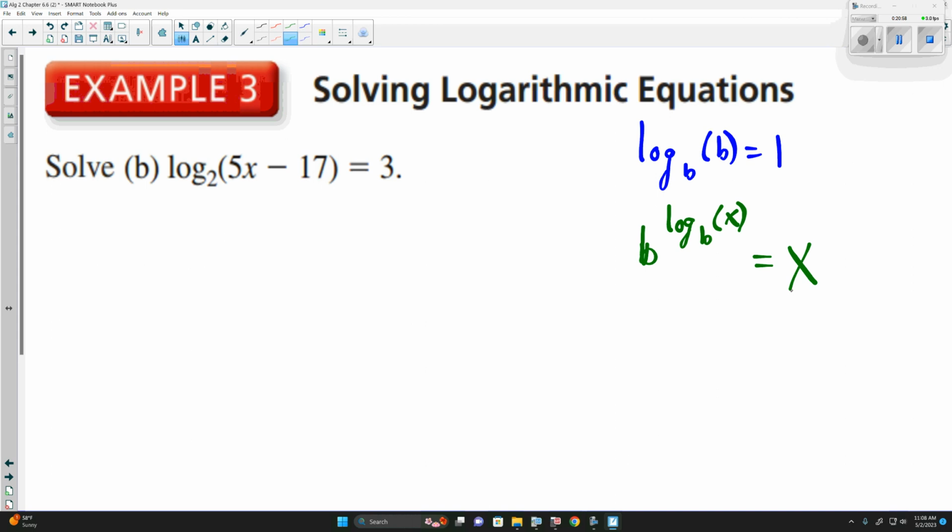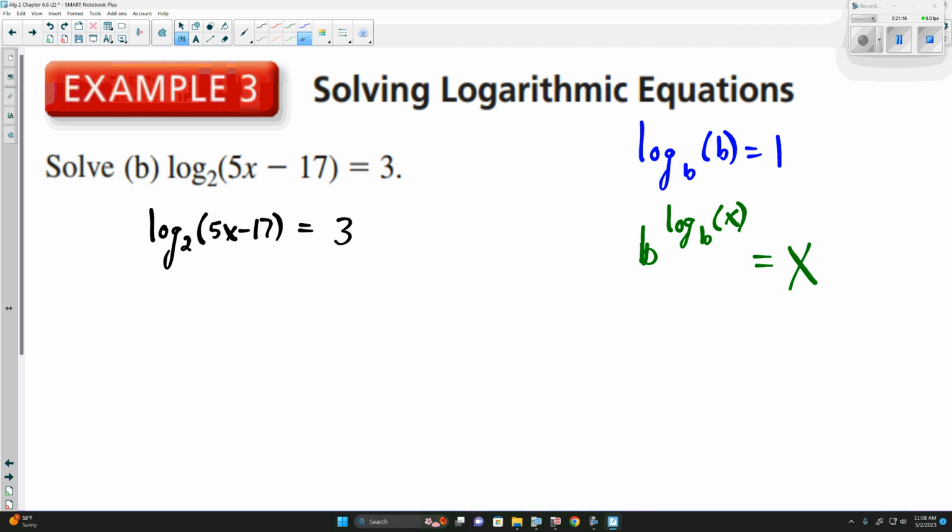We can use that property with solving, because if I'm given log base 2 of 5x minus 17 is equal to 3, I can put both sides to a base.